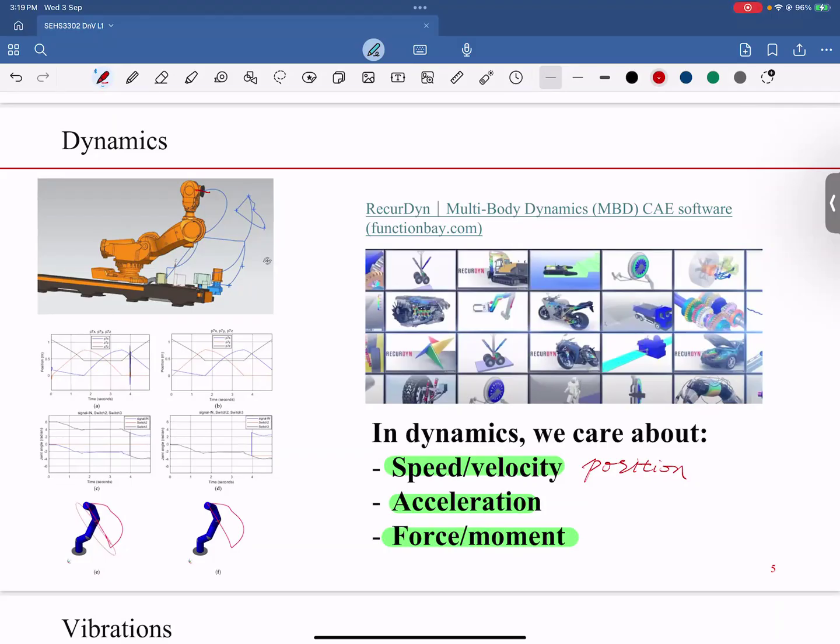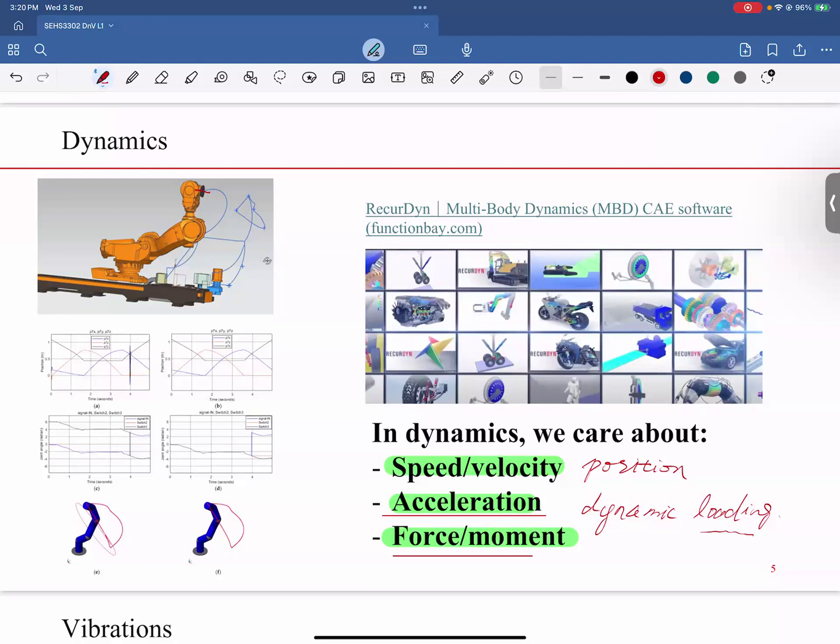When operating such a robotic structure, what is the acceleration of each part? Why do we consider the acceleration? Because it is about the dynamic loading. So when we consider the dynamic loading, we consider the internal or external force in this structure.